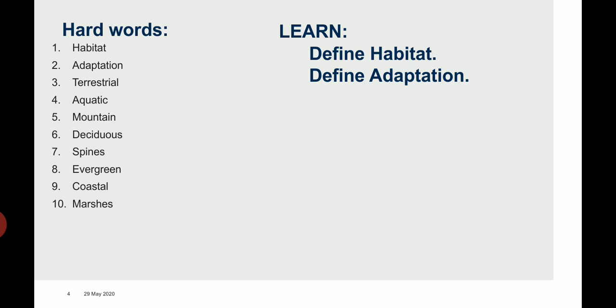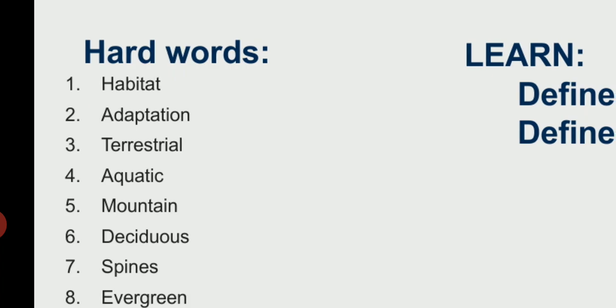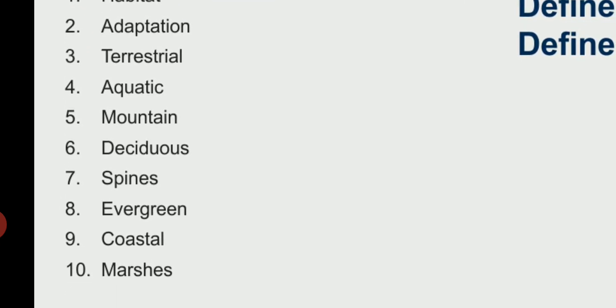Habitat, adaptation, terrestrial, aquatic, mountain, deciduous, spines, evergreen, coastal, marshes. You write all these in your classwork note, and you have to learn the spelling of these words.